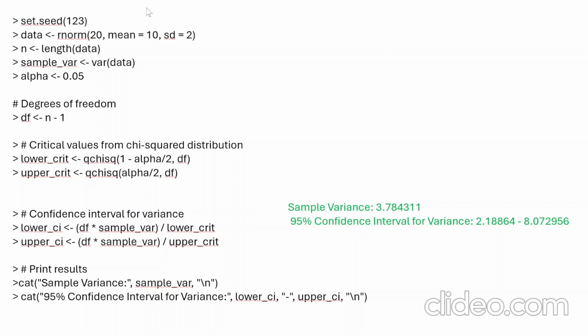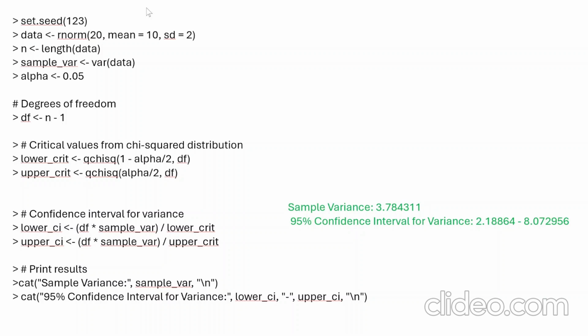Then we will find the critical values. For the lower critical value, we are feeding qchisq of 1 minus alpha by 2 comma df. Here qchisq is for quantile, so it gives the particular quantile we are requesting. The upper critical value is qchisq of alpha by 2 comma the degree of freedom.